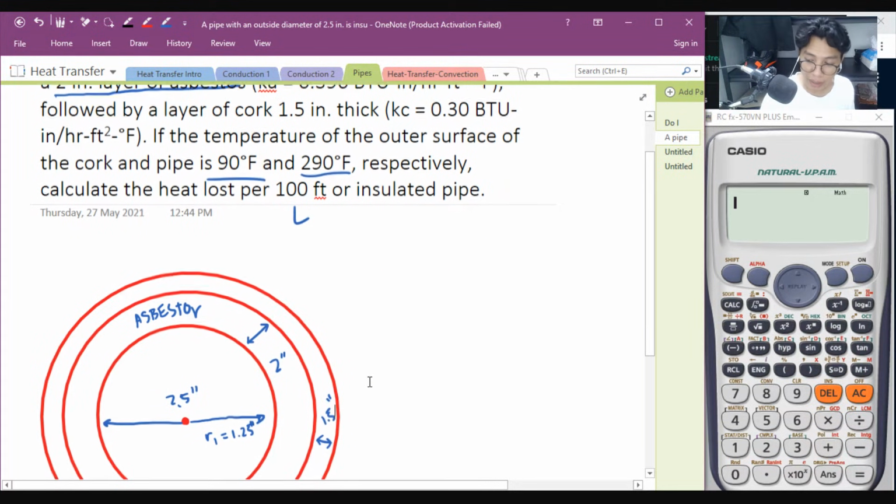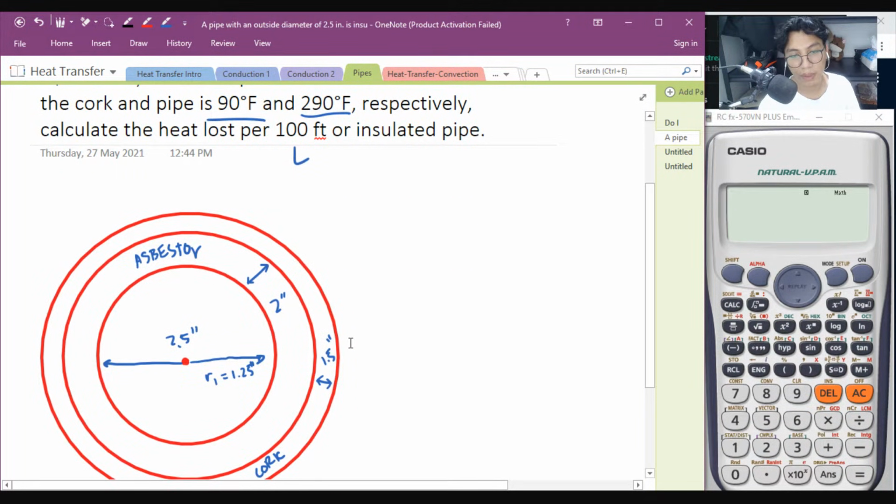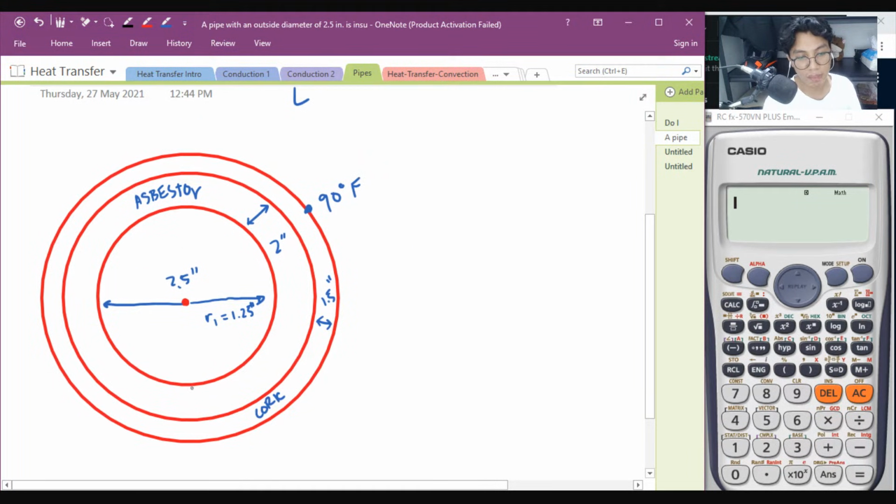Now, if the temperature of the outer surface of the cork, ibig sabihin, at this point, meron kang 90 degrees Fahrenheit. Okay? And the pipe, ibig sabihin, in here, it is measured at 290 degrees Fahrenheit.